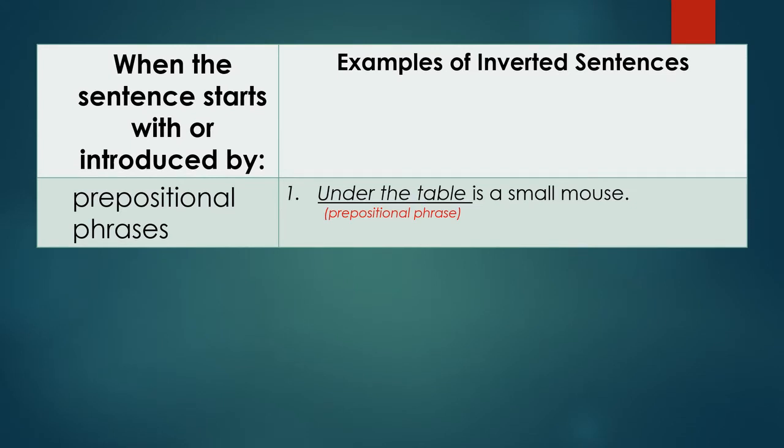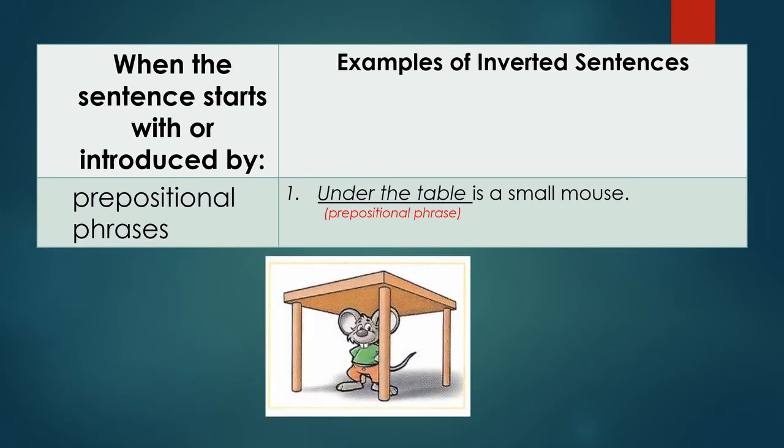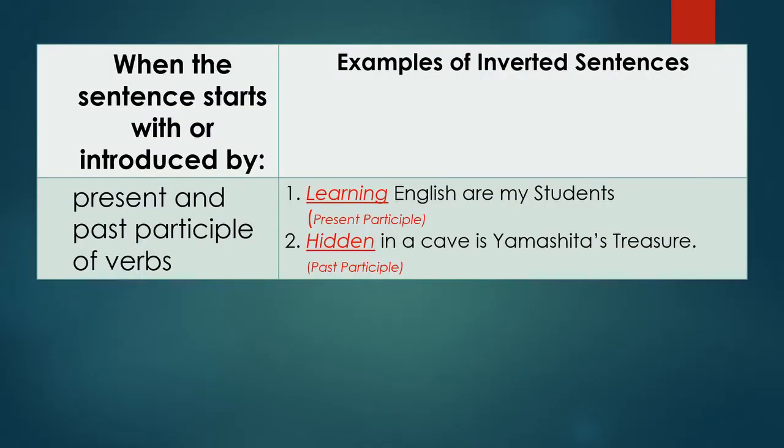How about when a sentence starts with prepositional phrases? An example of a prepositional phrase is under the table. Under the table is a small mouse. The next one, when the sentence starts with the present or past participle of verbs.